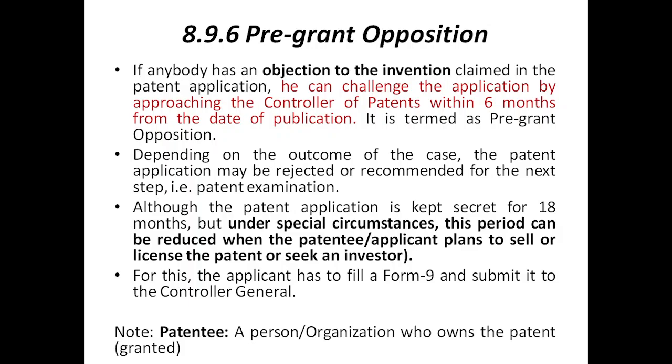If he gives proper evidence showing that this work has already been published or is already in the public domain, then definitely your patent is going to be rejected. If the challenger fails to make his case with evidence, then your patent will go to the next step, that is patent examination.